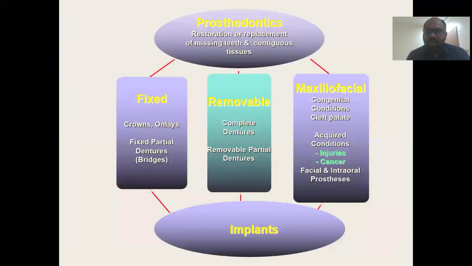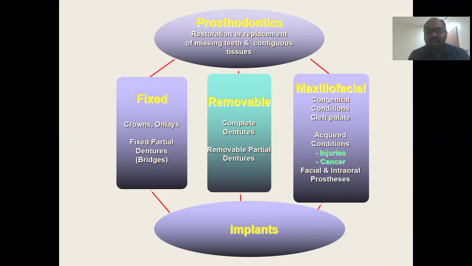So, prosthodontics as such can be defined as a specialty which attempts to restore or replace missing teeth or contiguous tissues that are associated with the teeth that are missing. So, that is by definition what prosthodontics is. We all know what a prosthesis is.